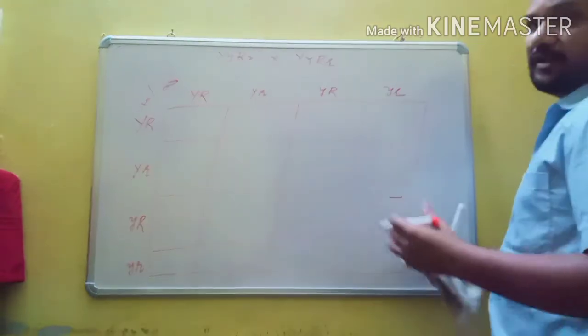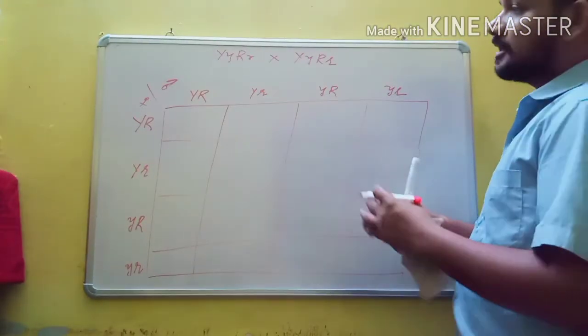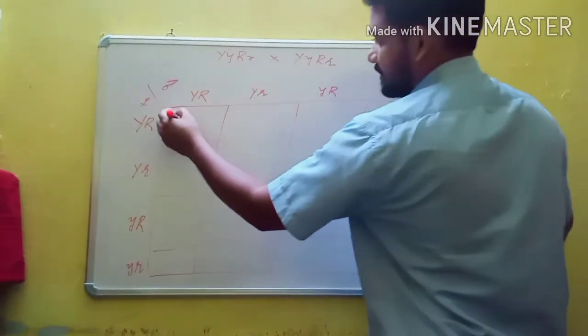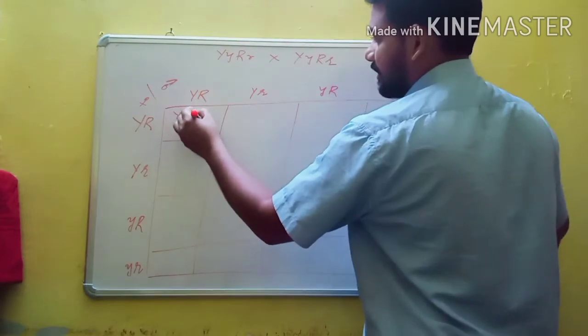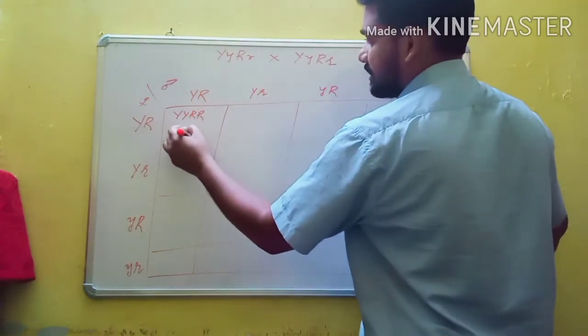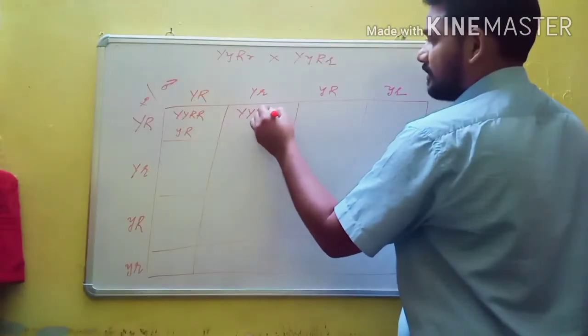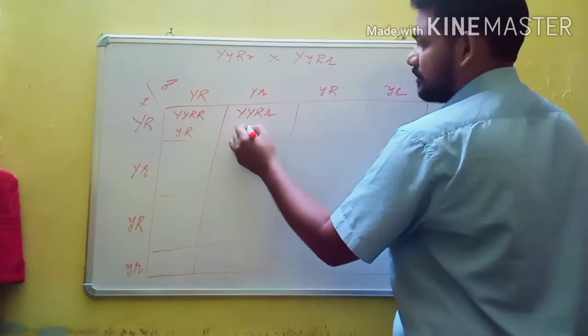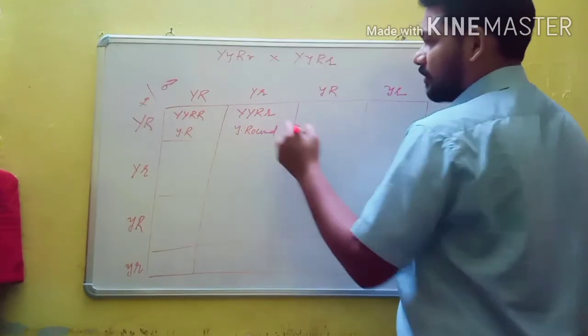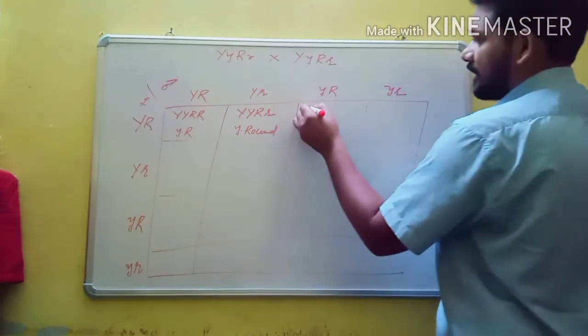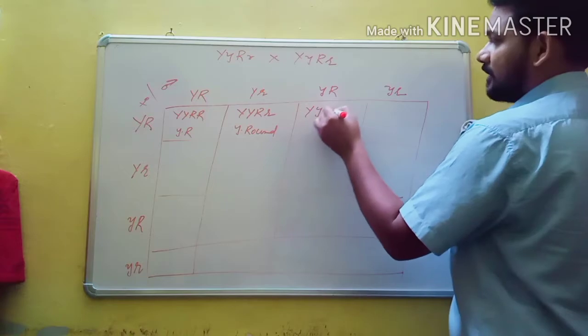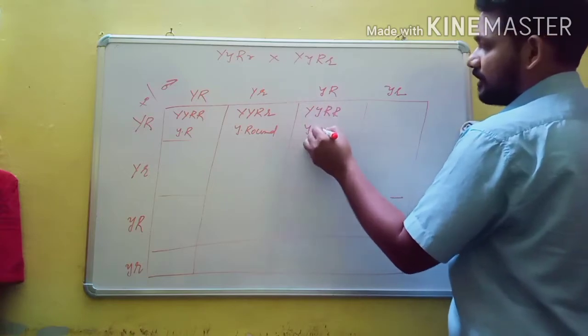Now we take the probability of possible gametes. Capital Y capital R, capital R: this is yellow round. Next capital Y, capital R, small r: this is also yellow round. Next, capital Y, small y, capital R: this is also yellow round.